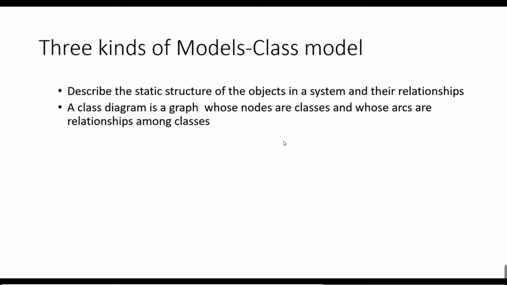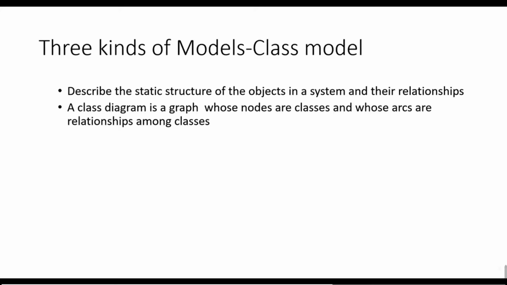So the first important model is the class model. It describes the static structure of the objects in a system and their relationships. A class diagram is a graph whose nodes are classes and whose arcs are relations among classes.